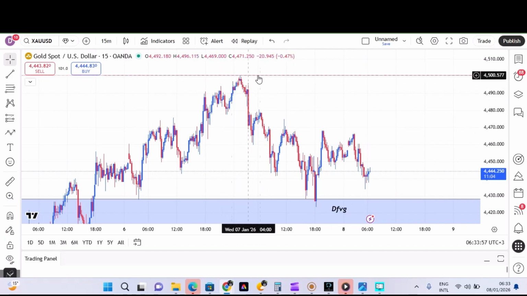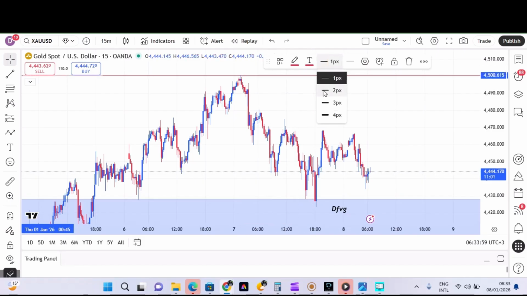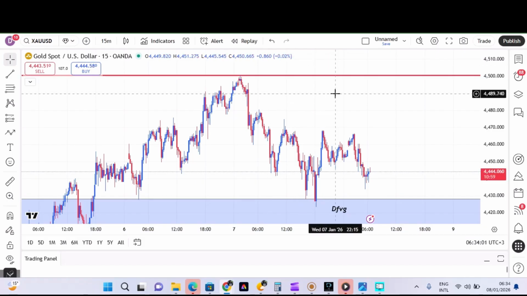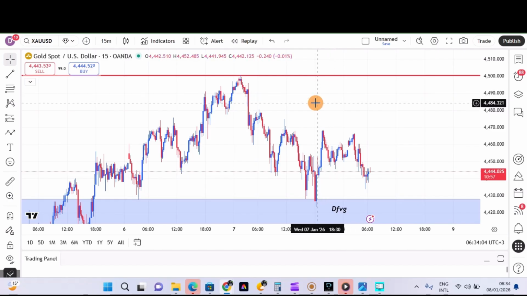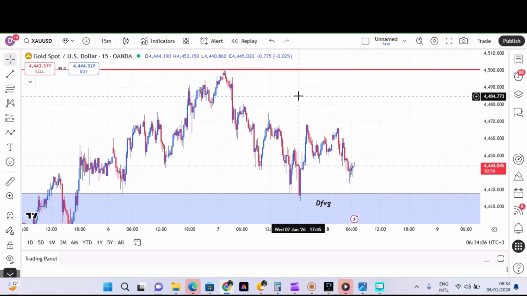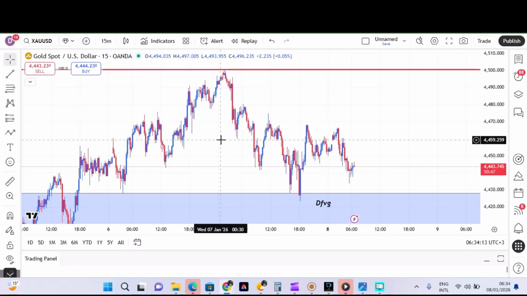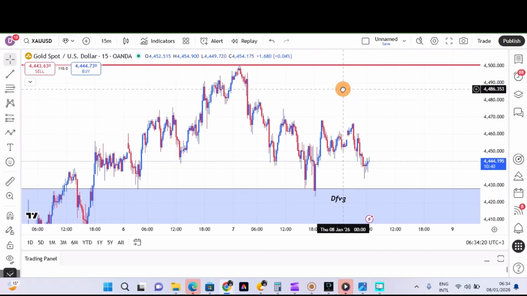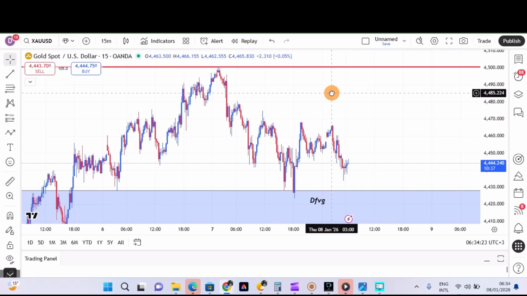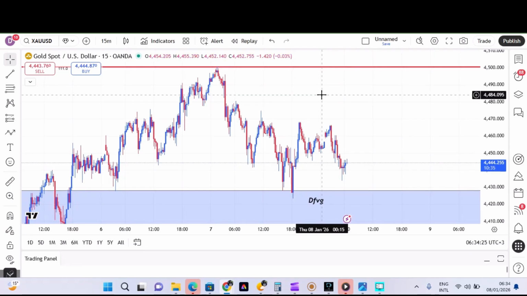I want to mark my support and resistance. I always use fair value gaps as my support and resistance zones, because my trading approach is the ICT SMC concept. That is my guiding tool. So I trade liquidity, imbalances, or inefficiencies. Yes, we can call them inefficiencies.